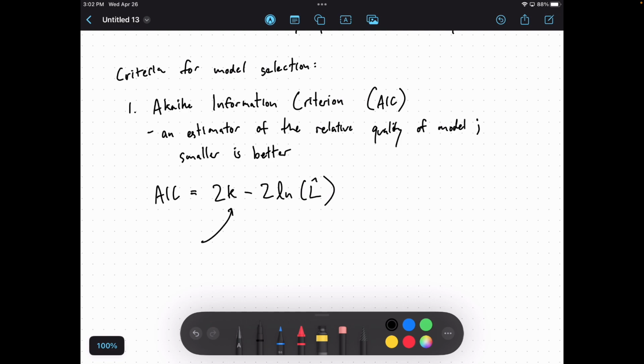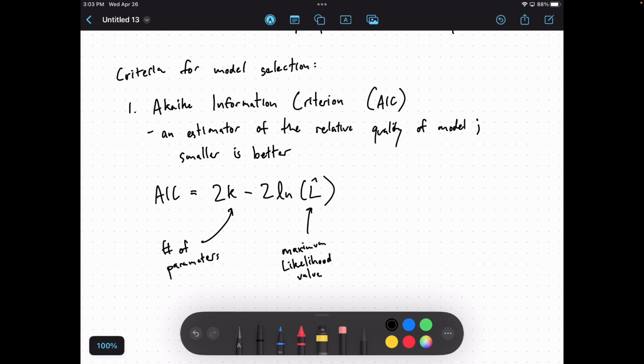So k is the number of parameters, and L hat is the maximum likelihood. So smaller is better, okay?